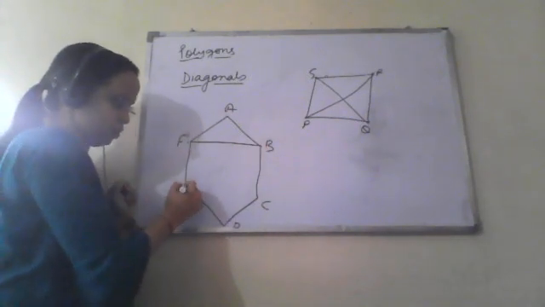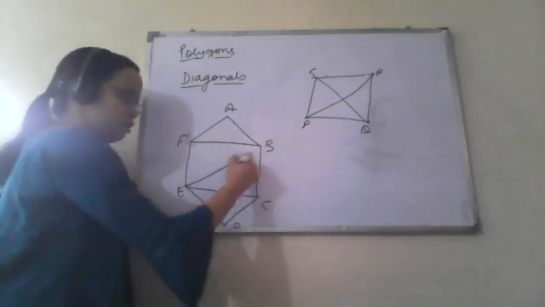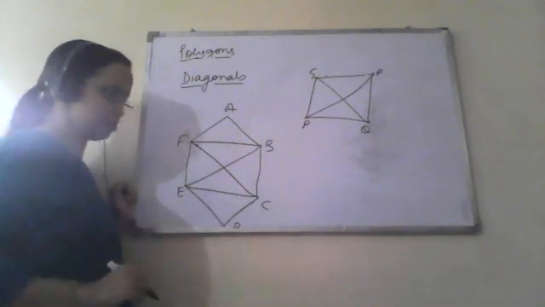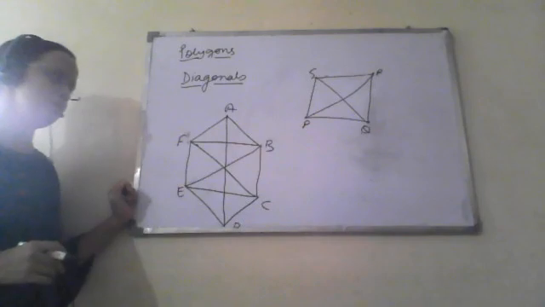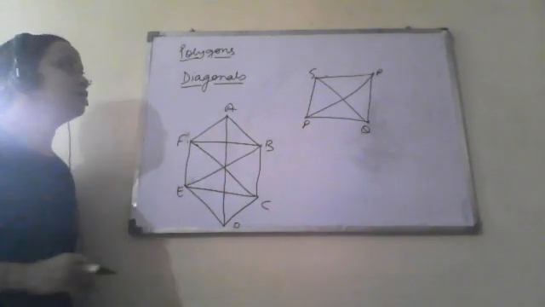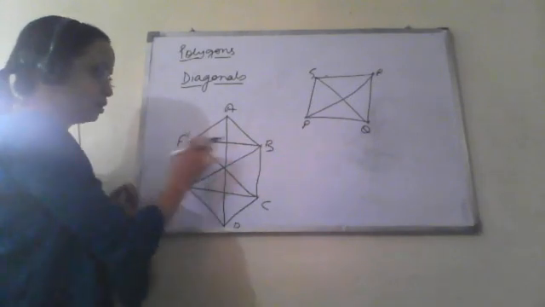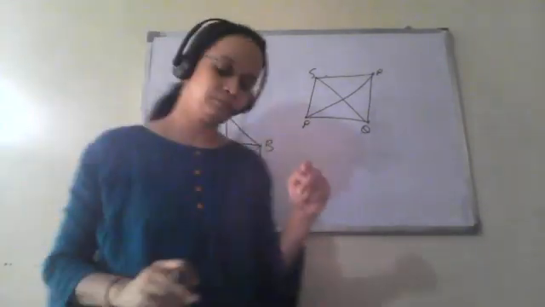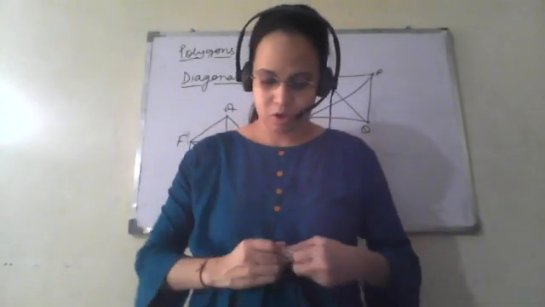If I join E to C, this can be one. If I join E to B, this can be one. If I join F to C, this can also be one. If I join A to D, this will also be one. Sorry, these were diagonals, EB, FC. These were the diagonals of this figure.